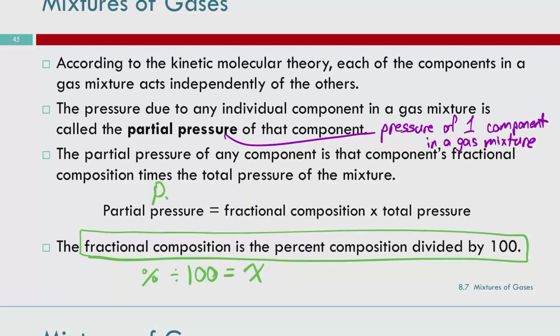The partial pressure, let's say that our component, our gas, is A, is equal to the fractional composition, how much of the gas is A as a decimal, times total pressure, P sub TOT.